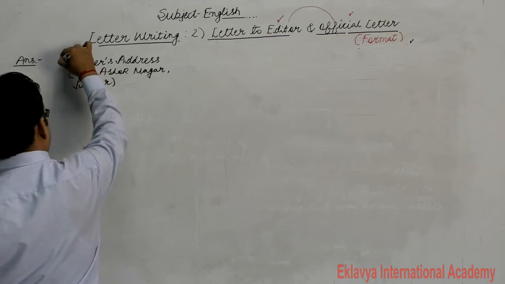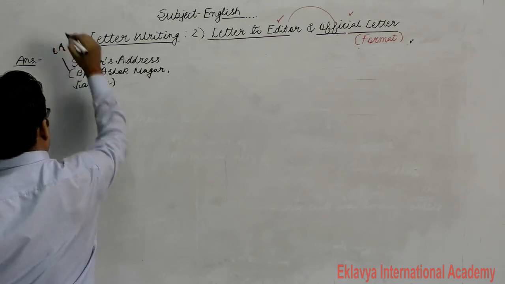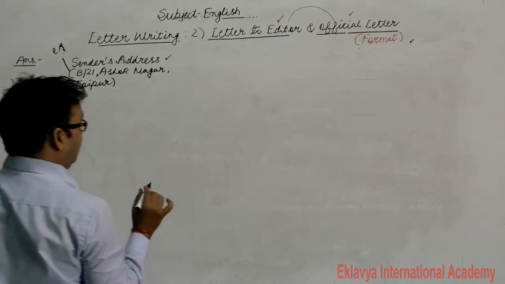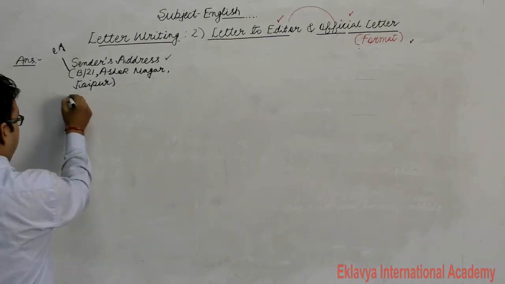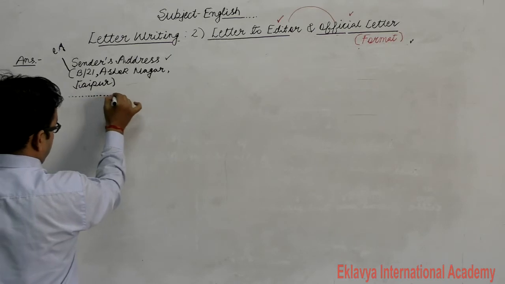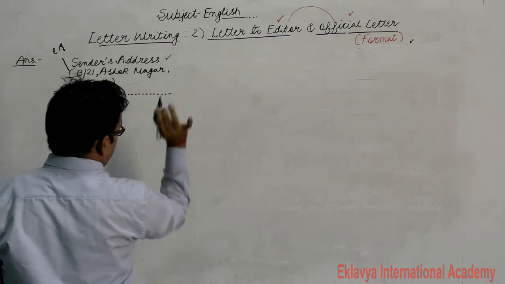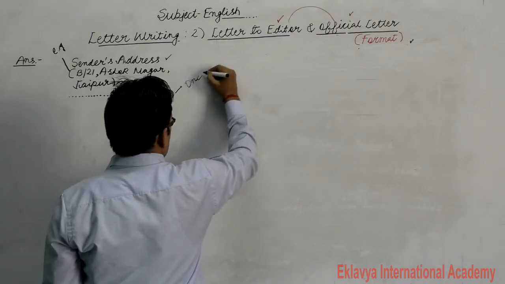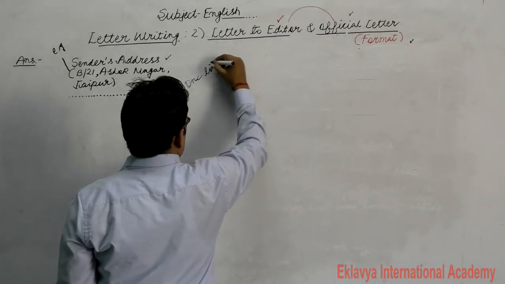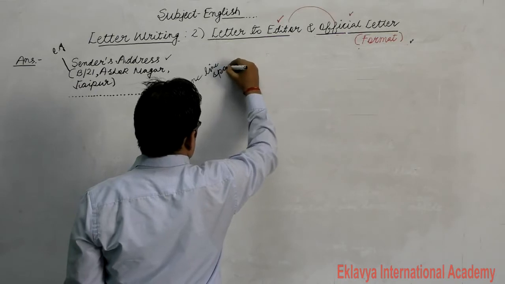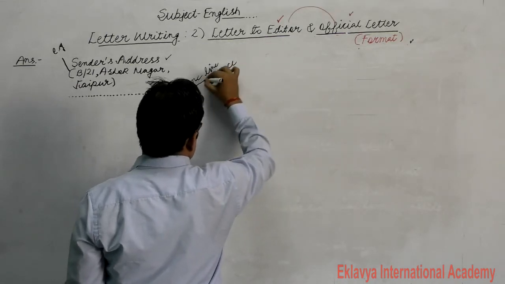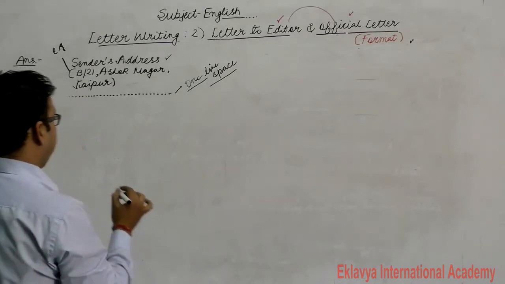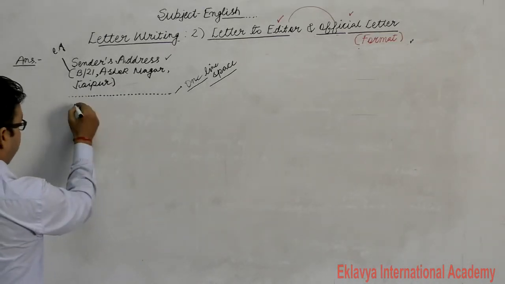Okay, it's just an example. Sender's address. Okay students, after the sender's address, leave a one line space. Then leave a one line space.